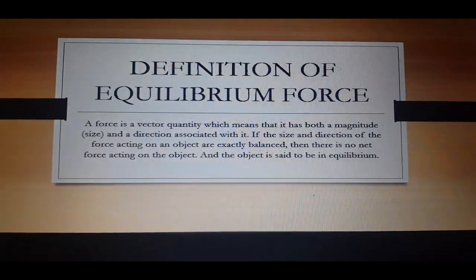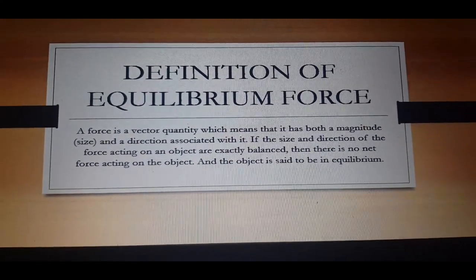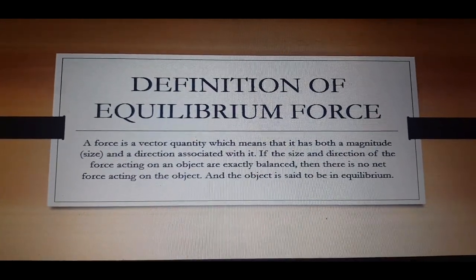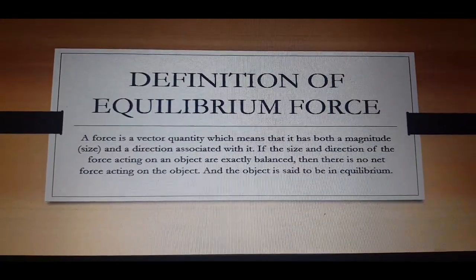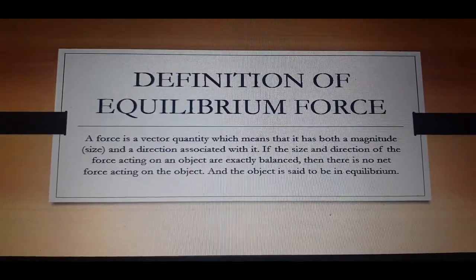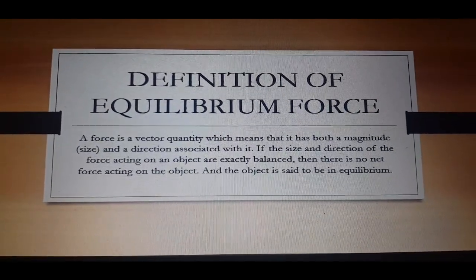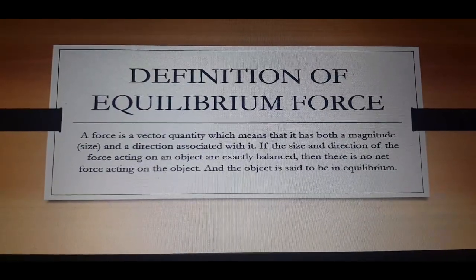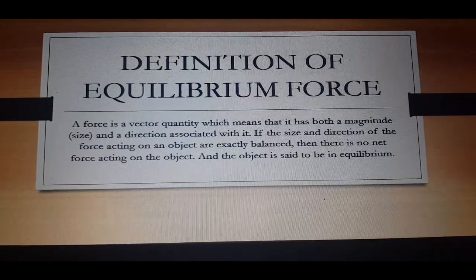Firstly, force is a vector quantity, which means that it has both magnitude (size) and the direction associated with it. If you remember, in our previous class we discussed scalar and vector quantities. Force is one of the examples of a vector quantity because it has magnitude and direction.